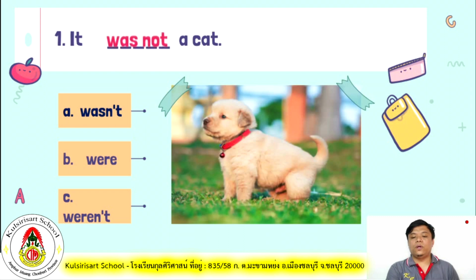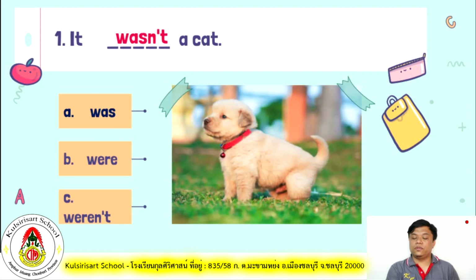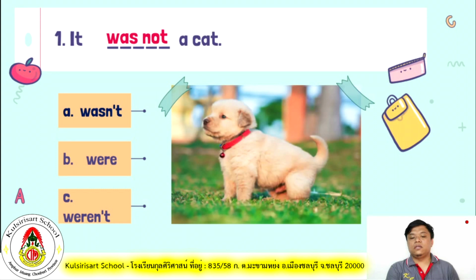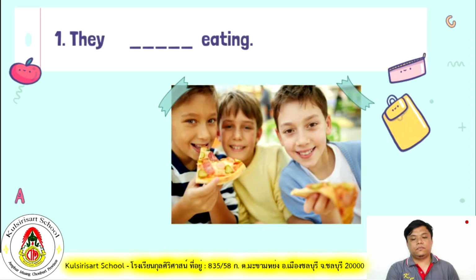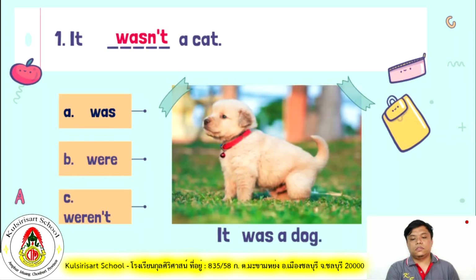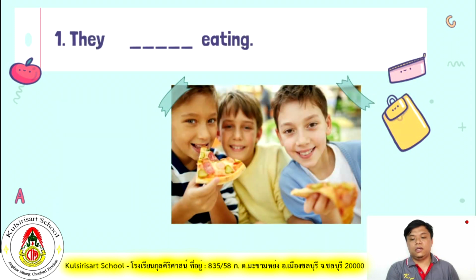You can answer it was not, or you can also contract the answer, it wasn't, using the contracted form of was not. It wasn't a cat. So it was a dog.